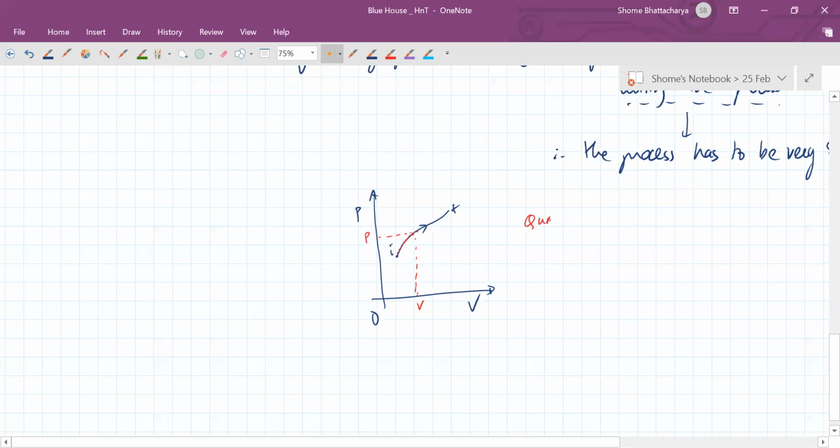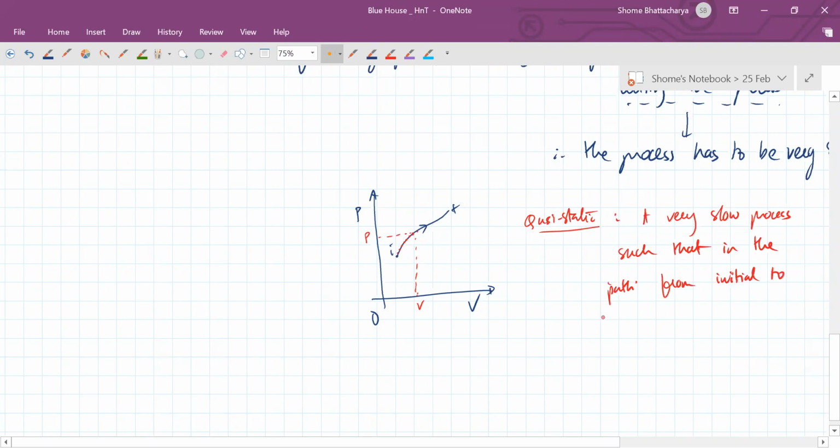So quasi-static means a very slow process such that in the path from initial to final state, every intermediate state is almost static.